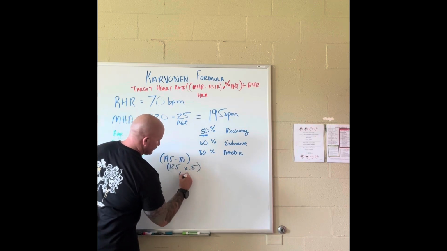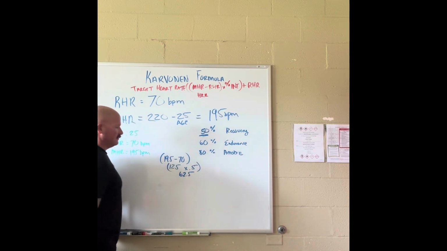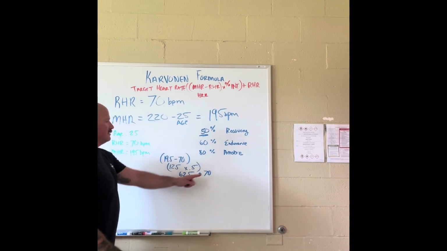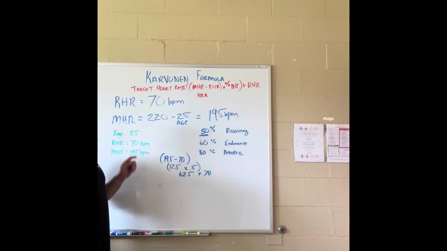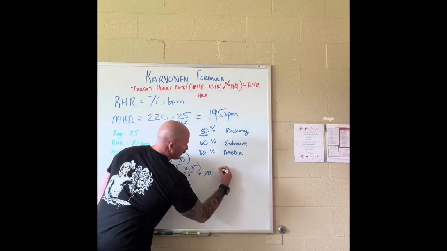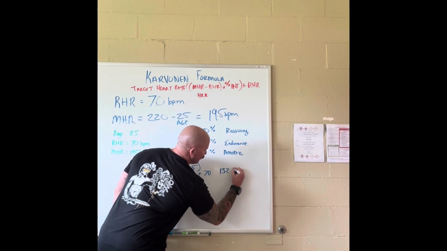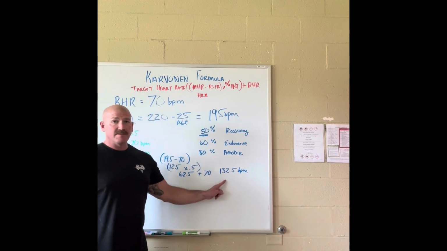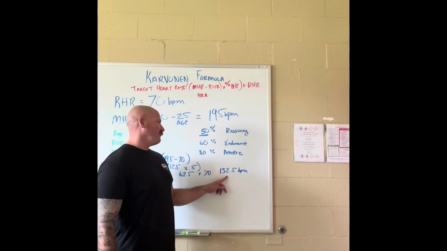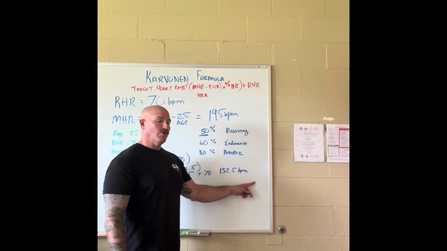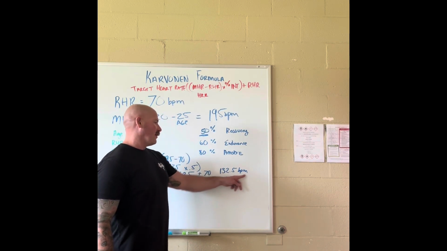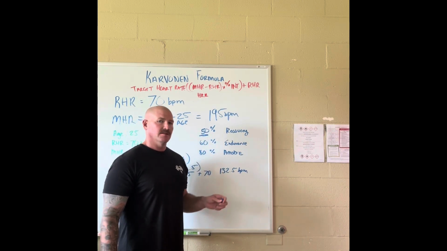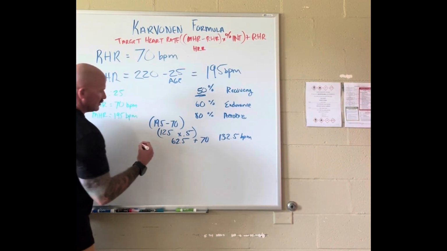That will give us 62.5 plus 70, okay, their resting heart rate, which will give us 132.5 beats per minute. The reason that this is important is we know that if we want to be in our recovery when we're moving, in the area of 132 beats per minute, we're using a 50% intensity level.